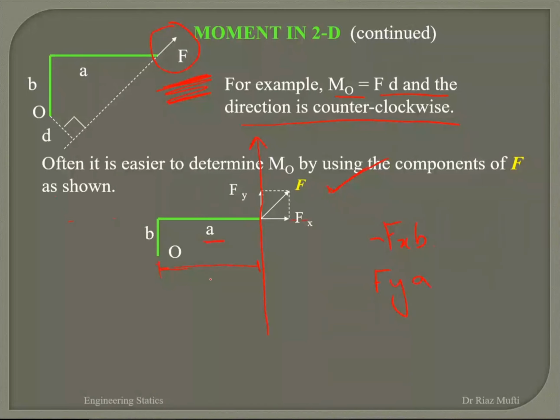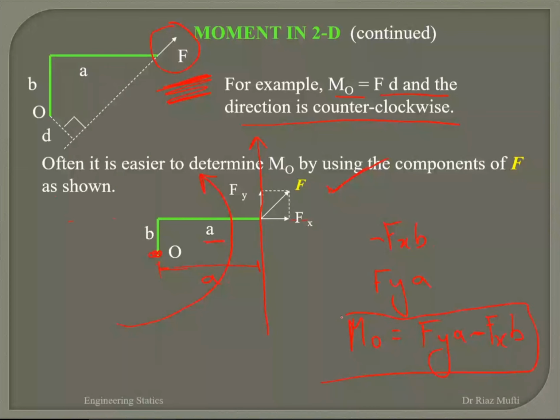That's this distance a. And if I look at the tendency for rotation at this point, Fy is trying to rotate in this direction. So this is counterclockwise, so this is positive. So the moment M naught basically would be Fy a minus Fx b.